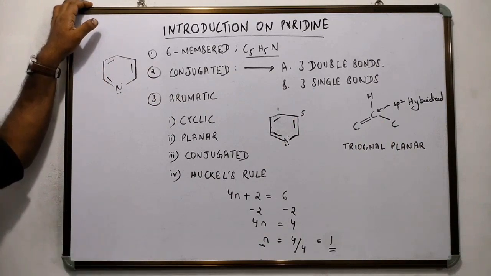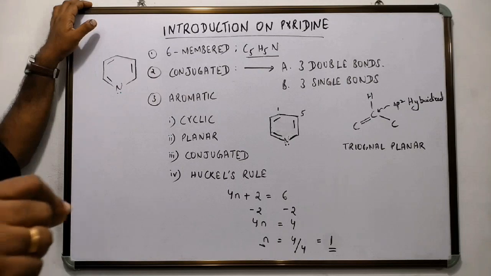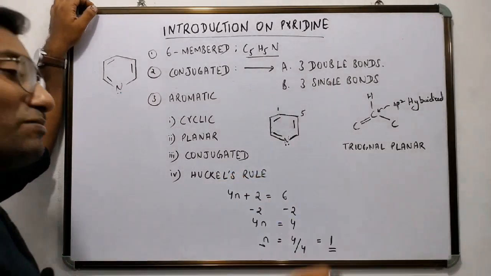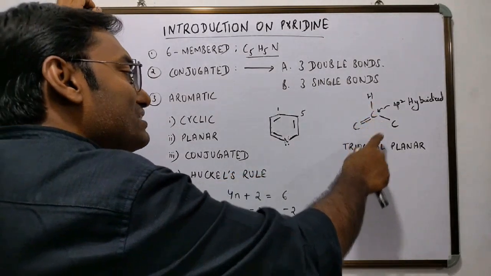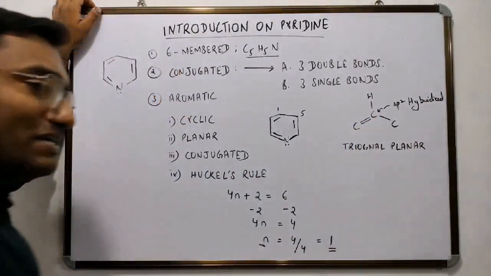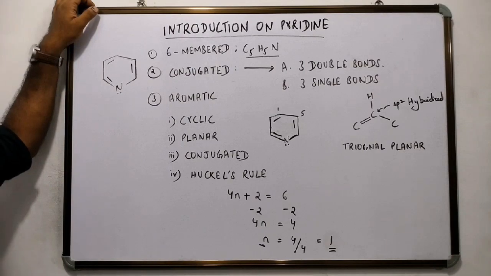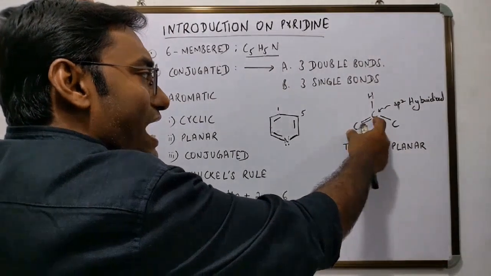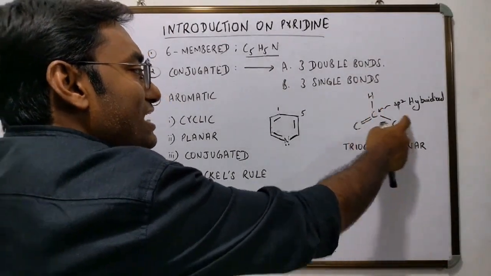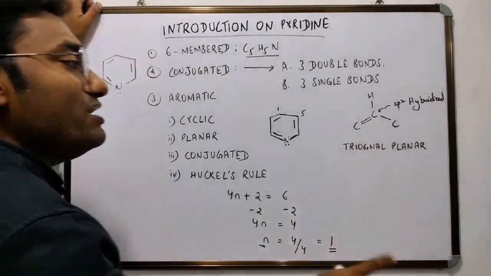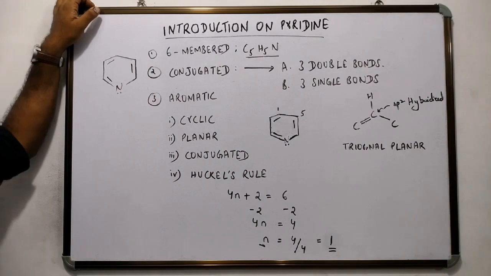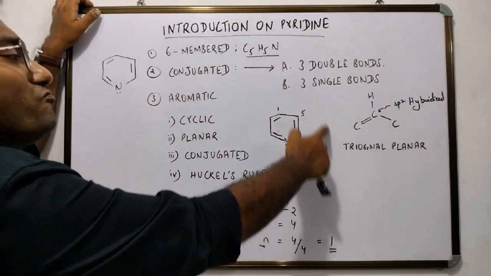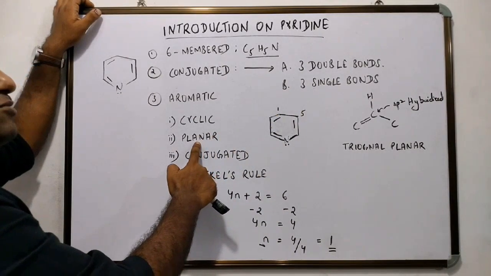Now each of the 5 carbon atoms, which is an sp2 hybridized carbon atom, has this trigonal planar geometry. That would only mean that the carbon and the hydrogen that are attached to it are in one single plane. That means the molecule of pyridine is a planar molecule.